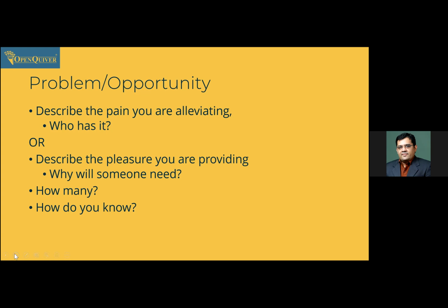And one of the mistakes I've seen a lot of startups make is they'll talk about every problem or every pain that a customer has in that particular sector or industry or area that they are in and describe all of that there. That is not necessary, and that will make your further slides more complicated.